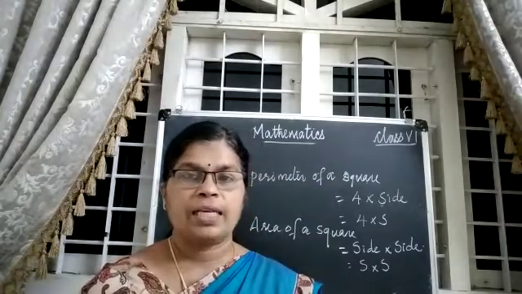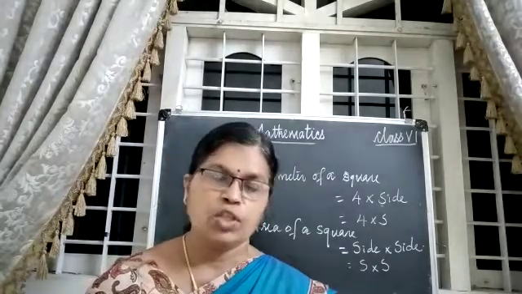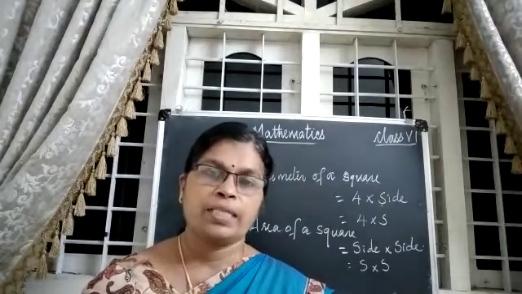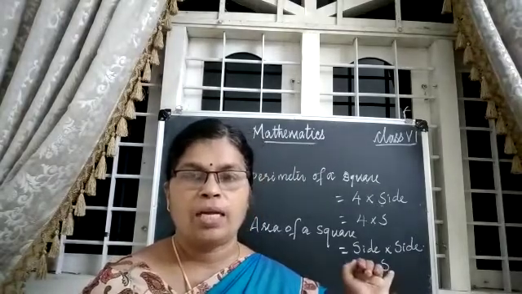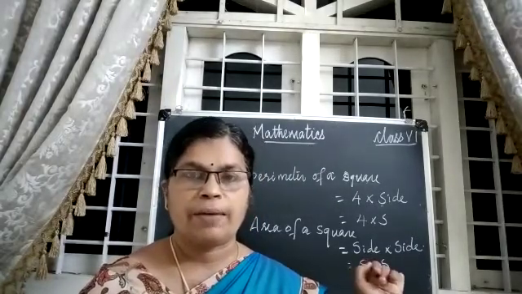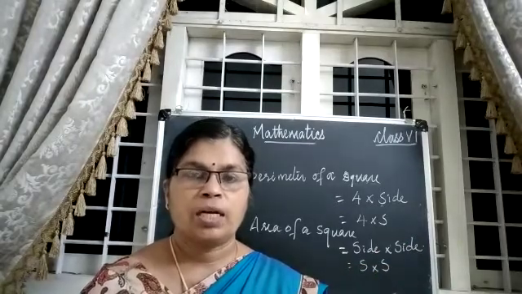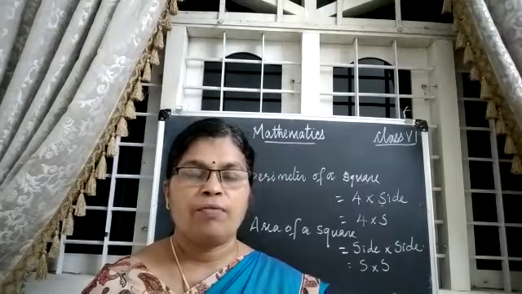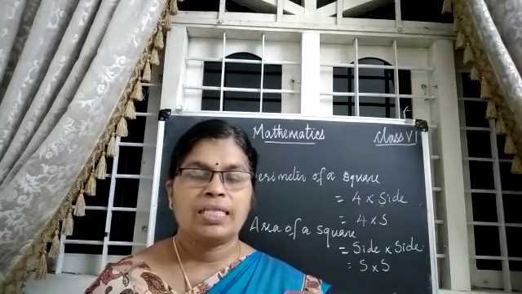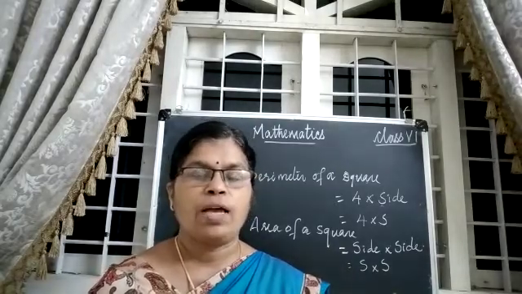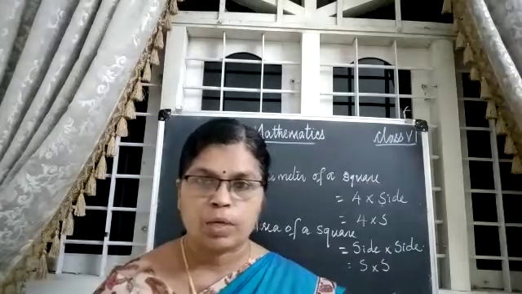Multiplication sign can be there. Subtraction, division, then numerals. Numbers also can be included in this. So this type of expressions are called algebraic expressions. Now in the next section, we are going to see some such algebraic expressions.